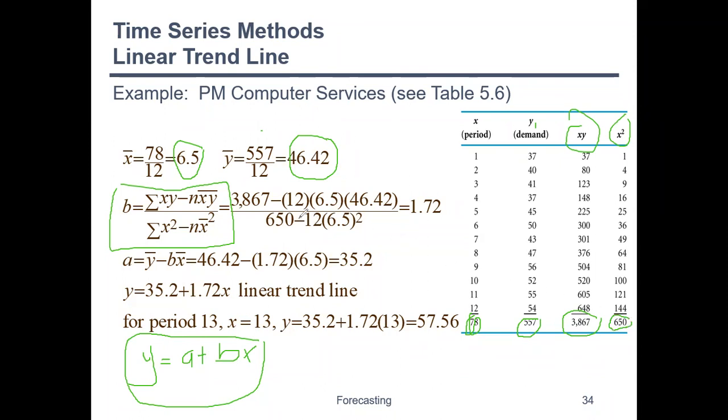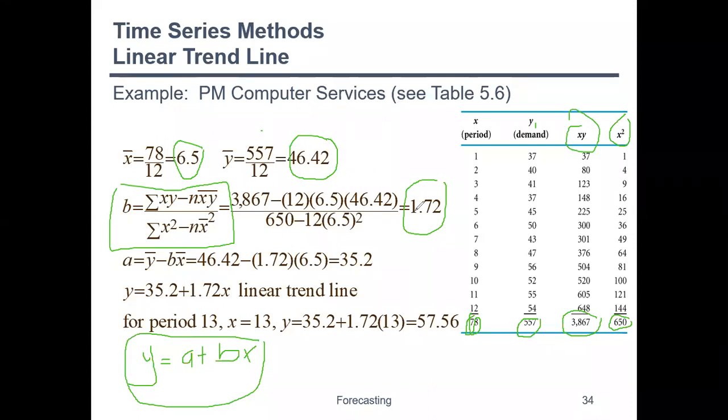So you realize that we have divided by 650 minus N, our N was still 12, into bracket X bar squared, mean of X squared. X was 6.5, so 6.5 squared. And once we do our calculations, you realize that our B becomes 1.67.